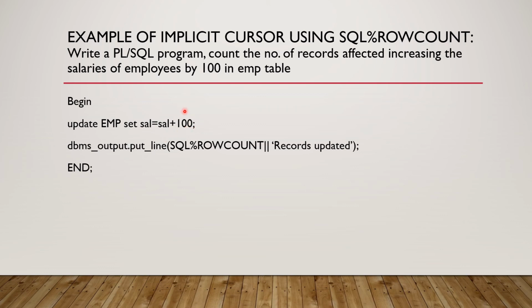That means we are updating the salary of every employee. There is no particular condition basically, right? Now we want to know how many rows are updated. So in that case, we have to use this attribute, right? So we are just using it to display how many records are updated. SQL%ROWCOUNT, and this is the concatenation operator, records updated, right? So this is the use of %ROWCOUNT.